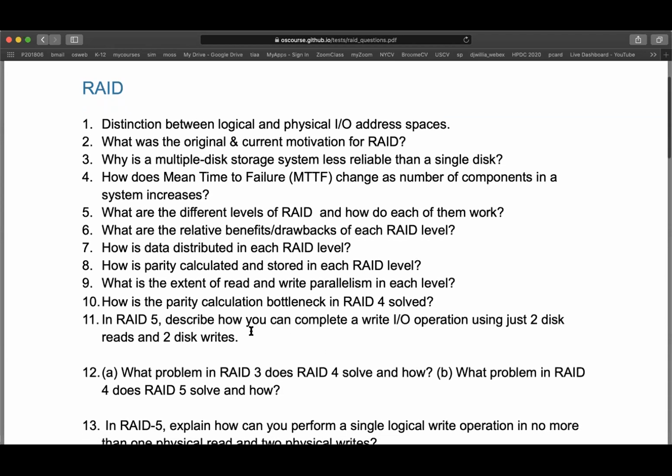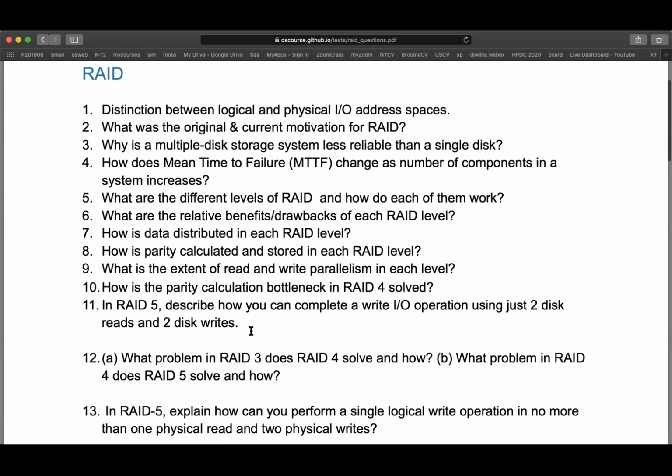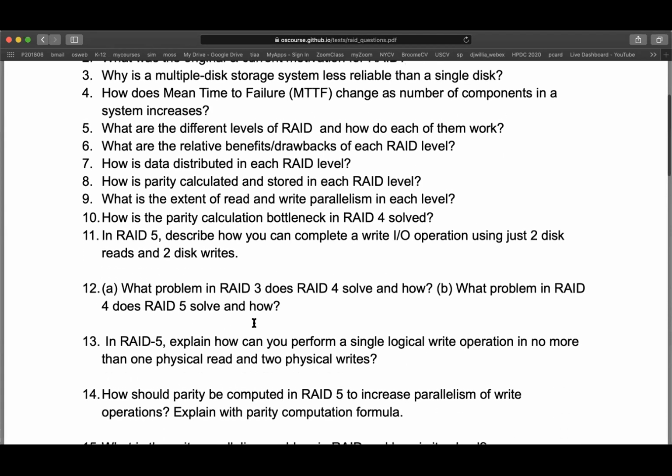Okay, so just what I was saying was for RAID, we covered various RAID levels, parallelism, throughput comparison, and so forth. You did some of these in the earlier assignments, so just review those concepts again, and look at these sample questions.